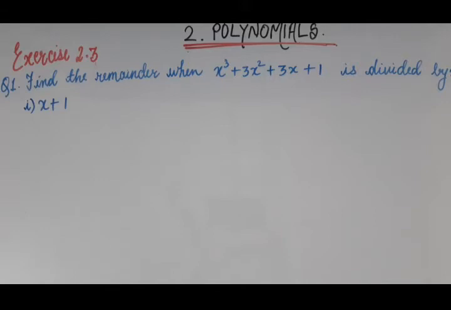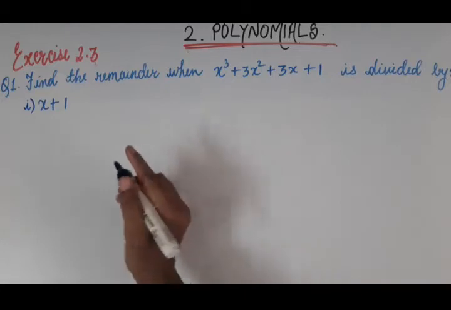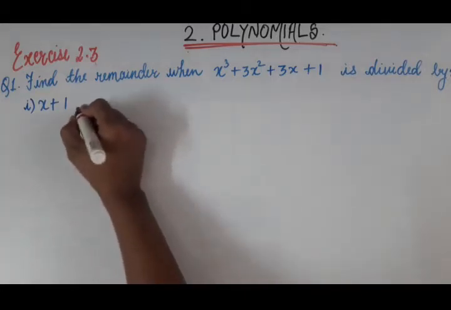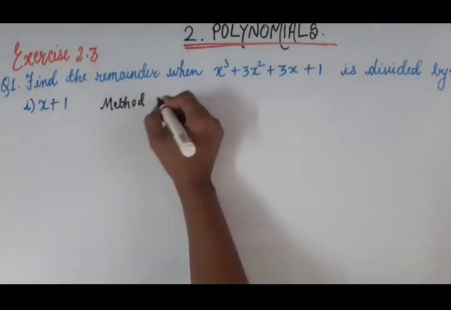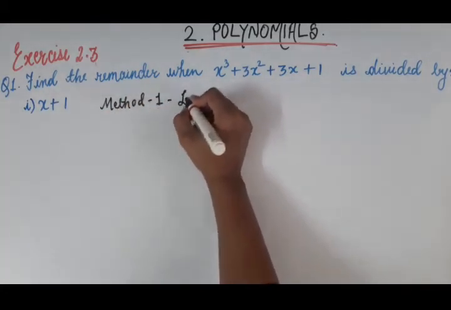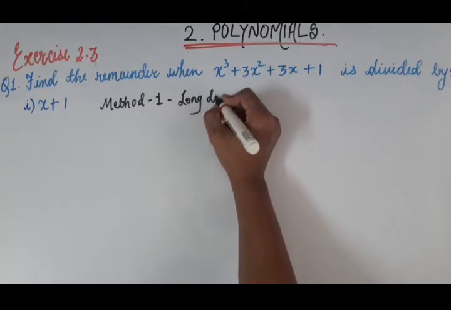We will find the remainder using the remainder theorem as well as using the long division method. So first let us find the remainder using the long division method. Let me do it with method 1 first, that is the long division method.